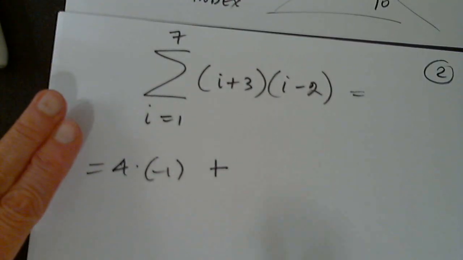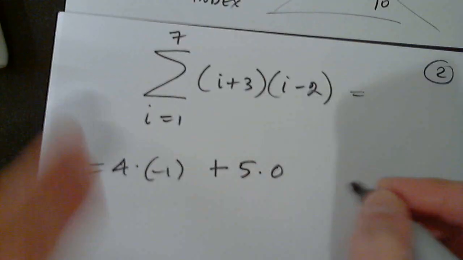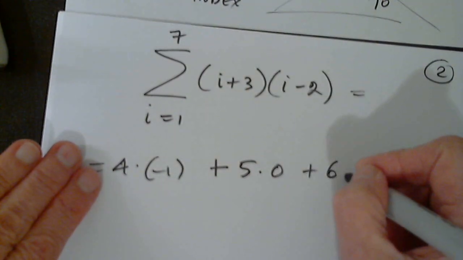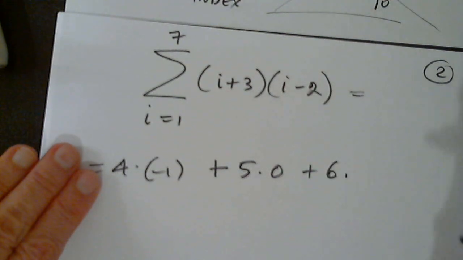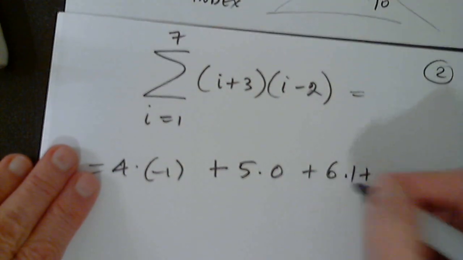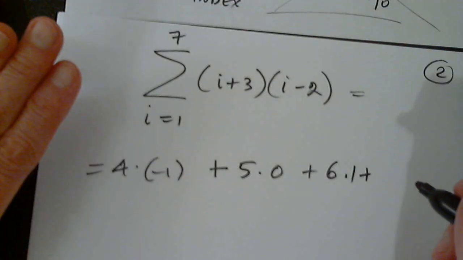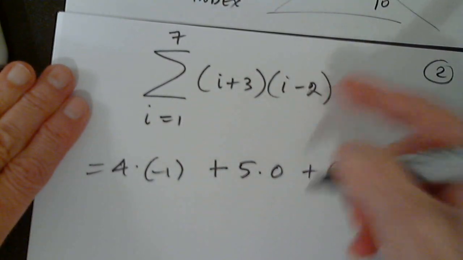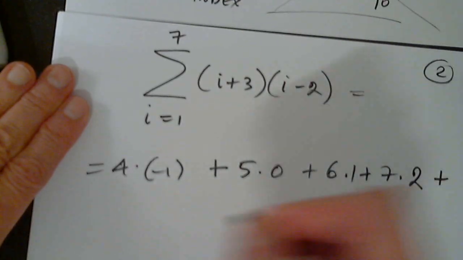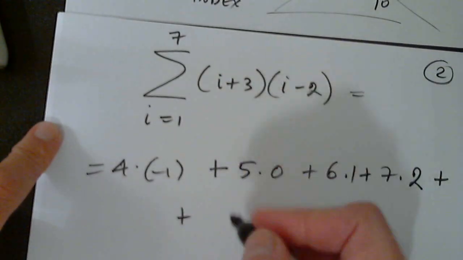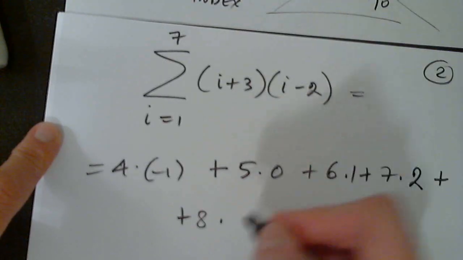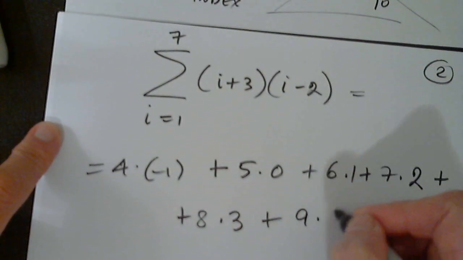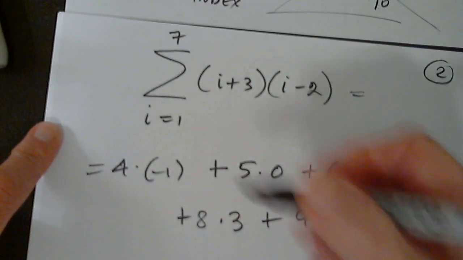When i is 2, 5 times 0, plus. When i is 3, 3 plus 3 is 6, 3 minus 2 is 1, so times 1 if you want, plus. When i is 4, 4 plus 3 is 7, 4 minus 2 is 2, plus. When i is 5, 8, 5 minus 2 is 3, plus. When i is 6, 9 times 4, plus.